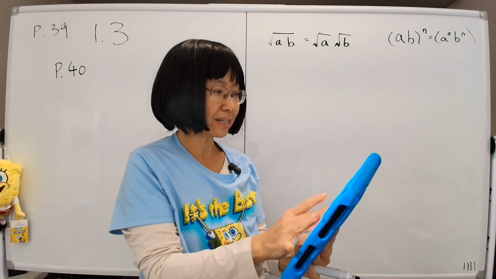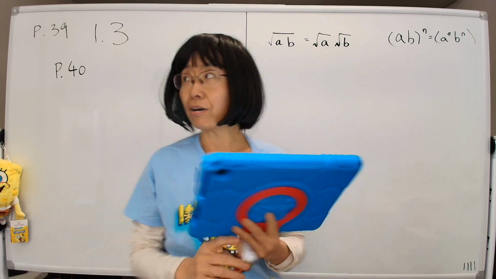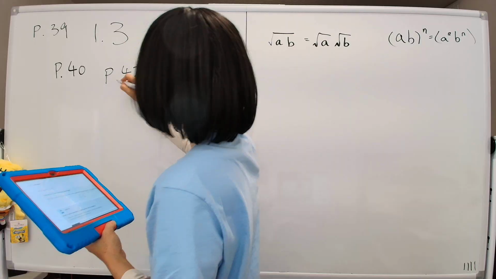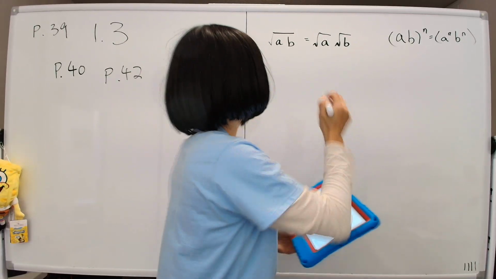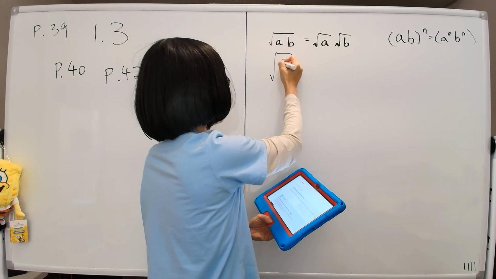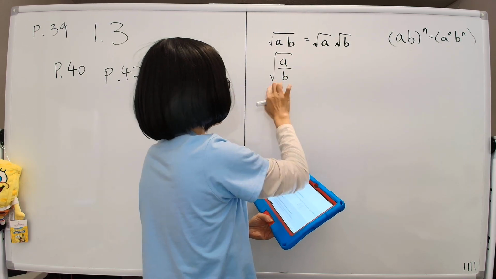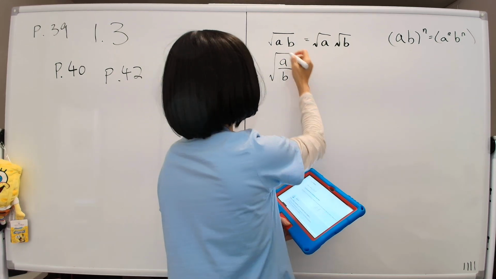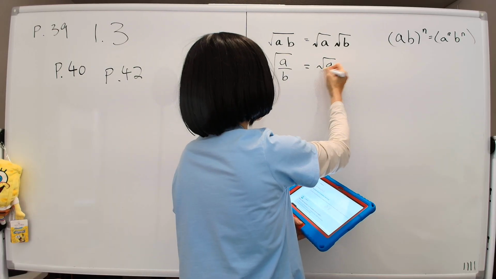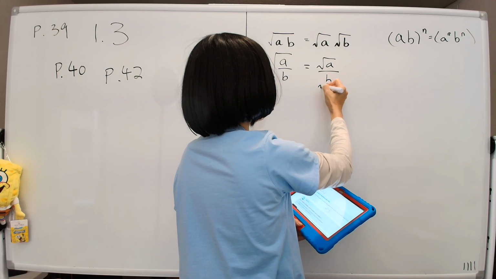And then the next thing we're going to look at, we're now on page 42, is the quotient rule. The quotient rule looks something like this, which is similar to this concept. That is, if you have the radical sign, the square root sign, that goes over the whole thing, that is the same as going over each chunk. It works out very nicely.